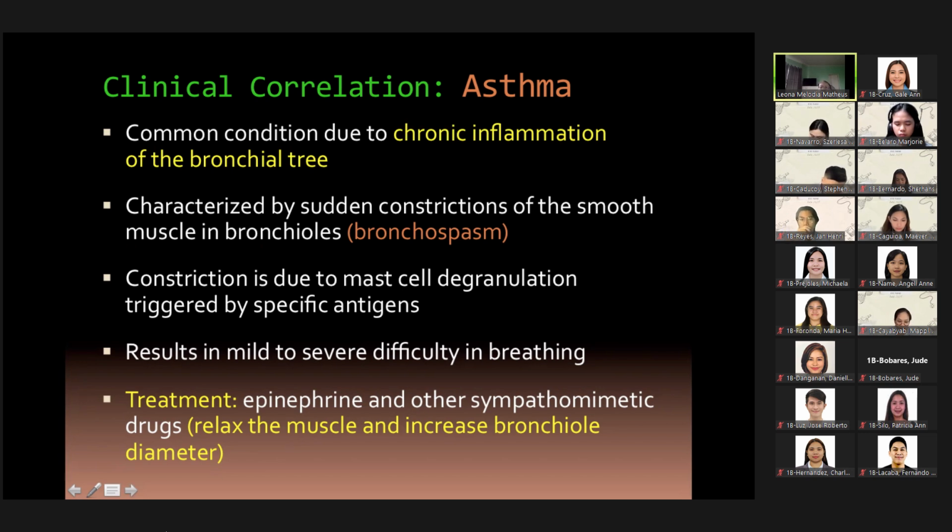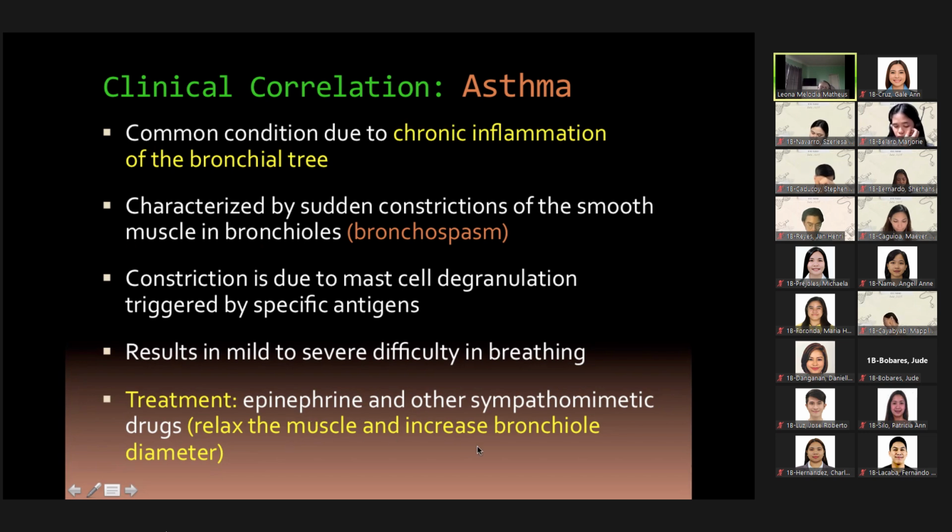Now, the constriction is due to the granulation of the mast cell, triggered, of course, by antigens, and this may result in mild to severe difficulty in breathing. The treatment is usually by application of epinephrine and other sympathomimetic drugs with the purpose of relaxing the muscle and increasing the bronchiolar diameter. So that is the purpose of the treatment with epinephrine and other sympathomimetic drugs.